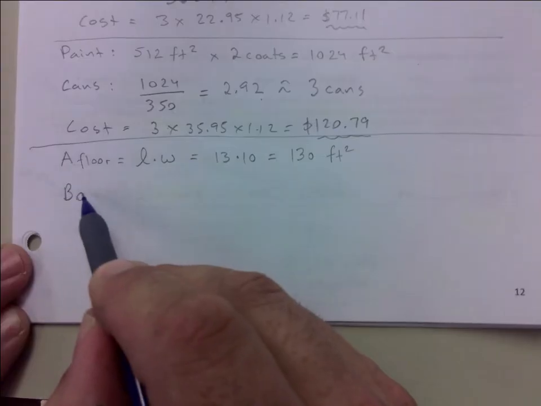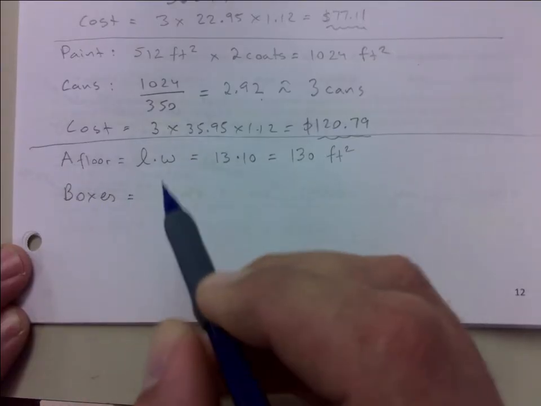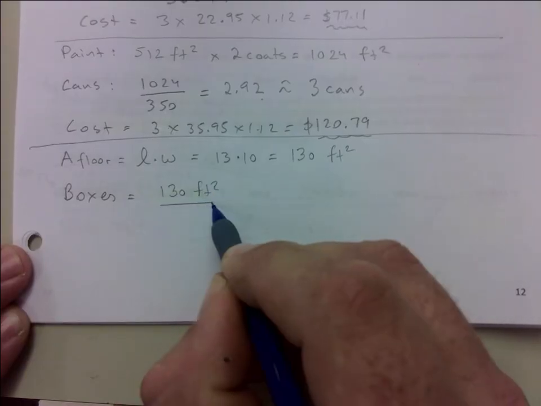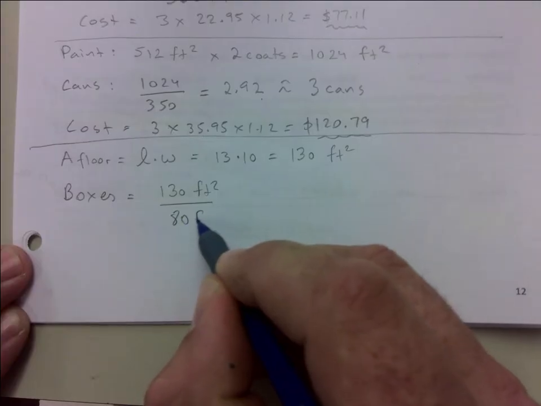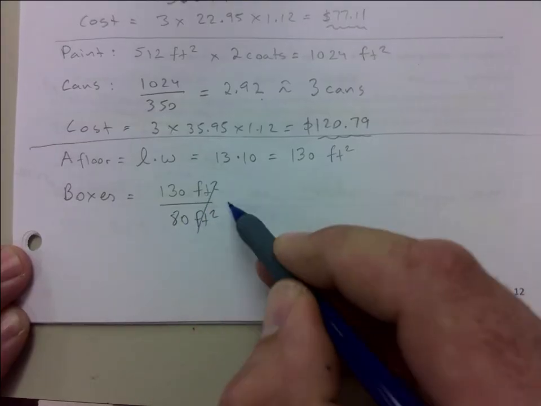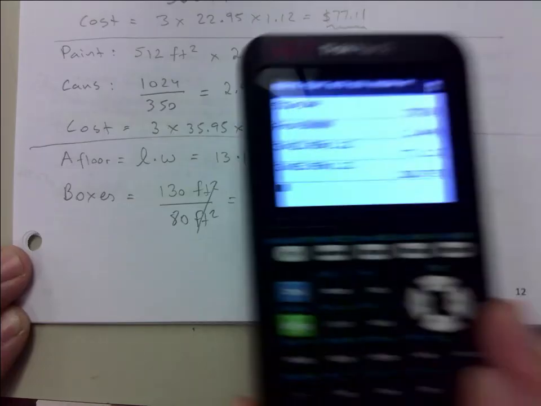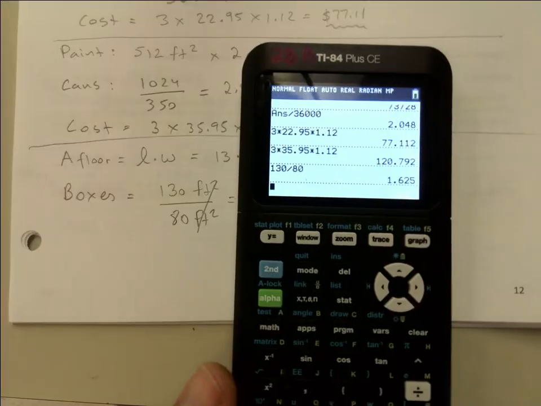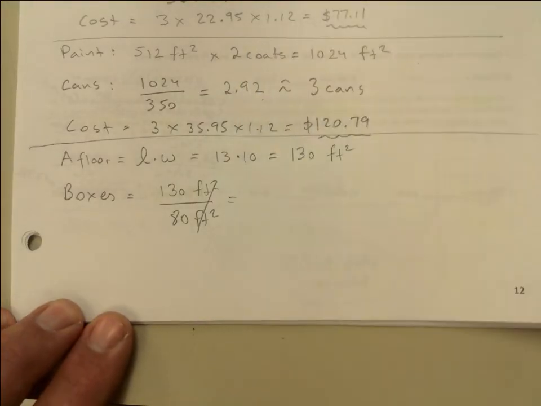How many boxes do I need? I'm going to take the 130 square feet and divide it by the coverage of one box. You divide that, you're going to get 1 point something, right? 1.625.